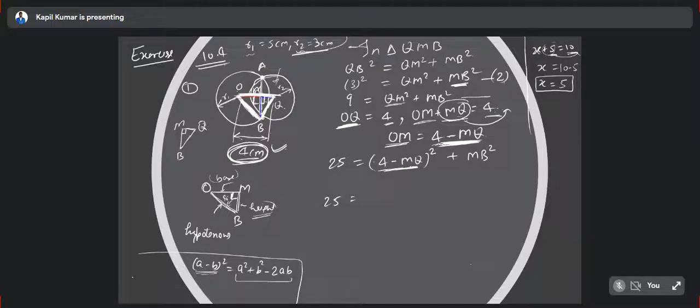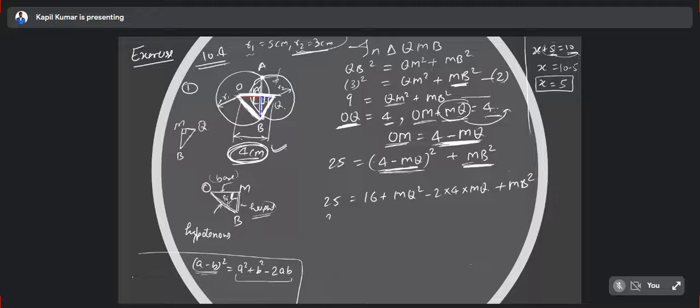It will become 16 plus MQ square minus, it is 2 into 4 into MQ, plus it is also there, MB square.